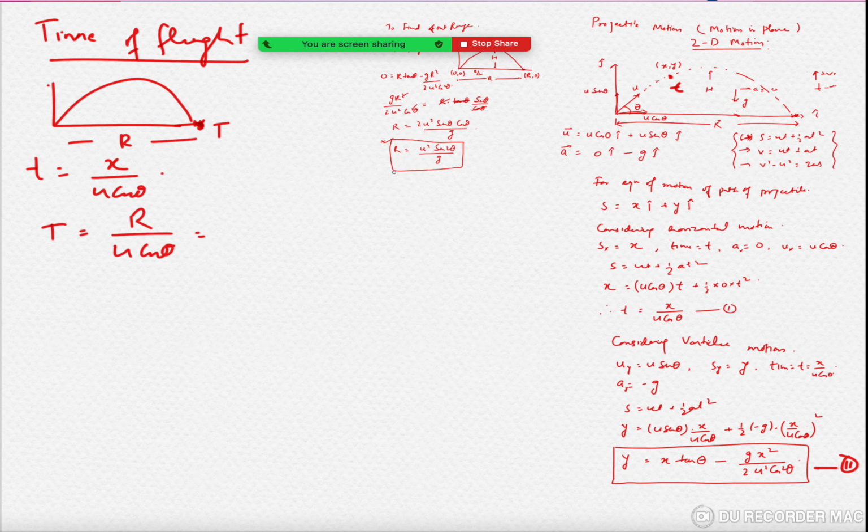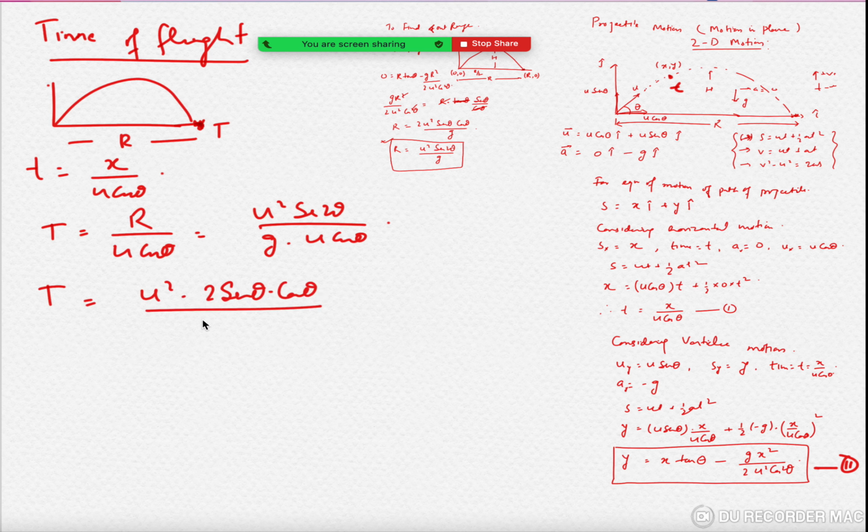R, just got the formula, R is u square sin 2 theta by g, into u cos theta. So can I write u square sin 2 theta as 2 sin theta cos theta by g u cos theta?